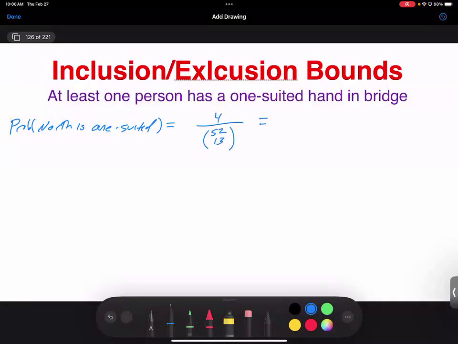Another way of looking at it is there's 4 choose 1 ways of choosing a suit. Now that I've chosen a suit, let's say I've chosen spades, how many ways are there to give them all 13 spades? No, there's 4 ways to choose which suit. The 4 choose 1 is I have 4 suits and I choose one of the 4 suits.